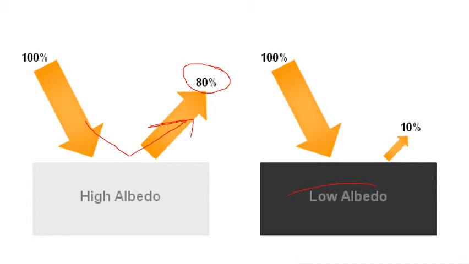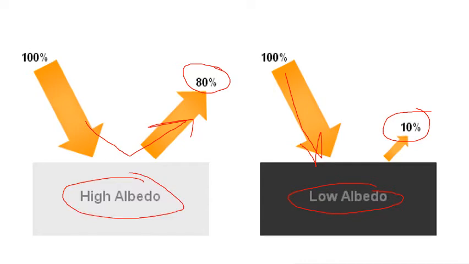But a darker object has a low albedo. It might only reflect 10% of its sunlight. So if you are absorbing 90% of the sunlight that's hitting you, you're getting more energy, you're going to have more friction, you're going to have a higher temperature. But a lighter object isn't going to soak up the energy, and without gaining energy, your temperature doesn't go up much.